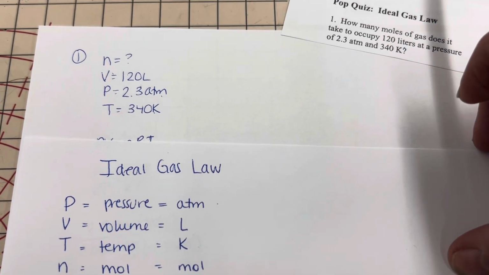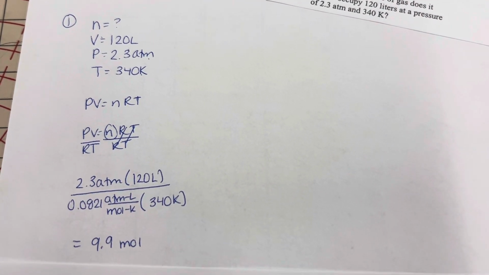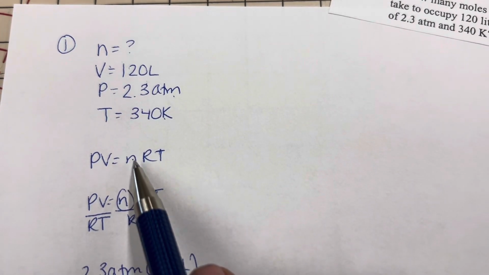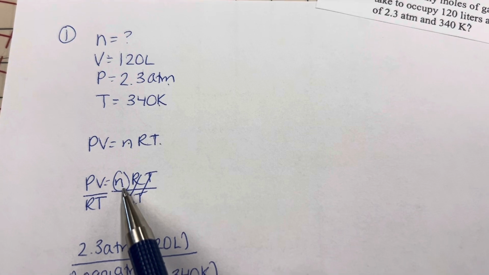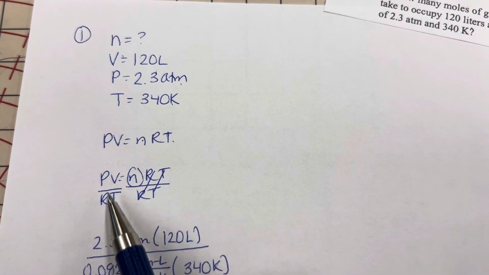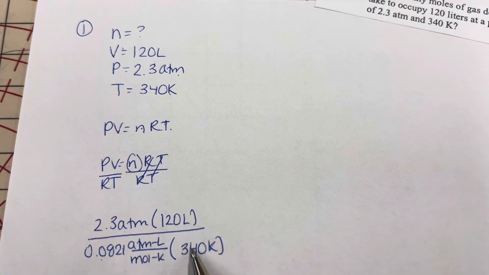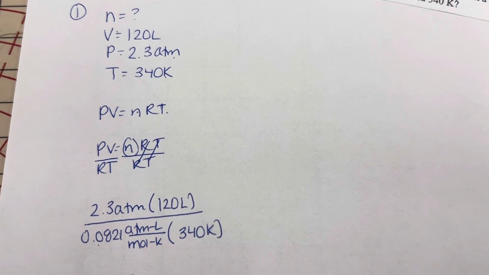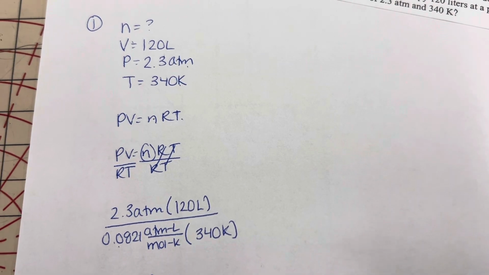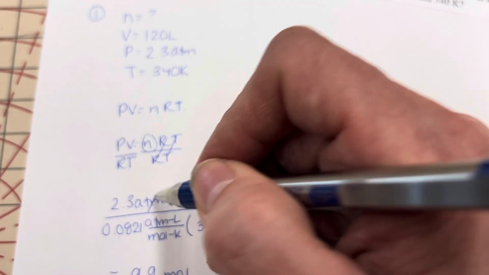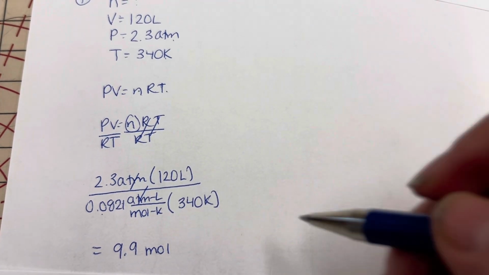I am solving for N, so I'm going to record my ideal gas law problem here. PV equals nRT. I circled the N because that's what I'm looking for, so I divide by RT on both sides. I substitute in for each of those letters, and now it's important that we understand how the units cancel out. This ATM is in the numerator, this ATM is in the denominator, they cancel.